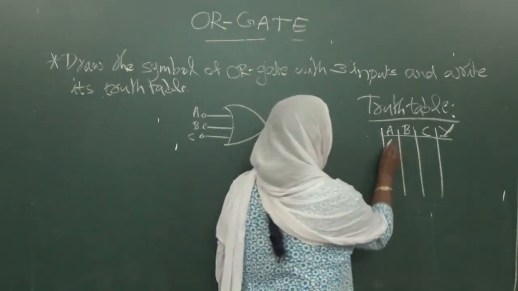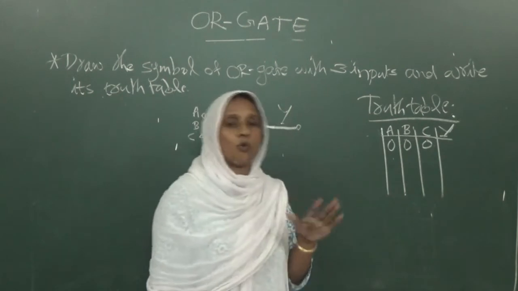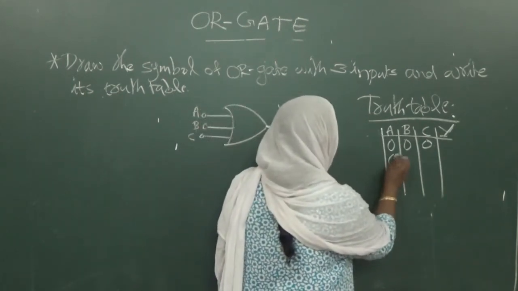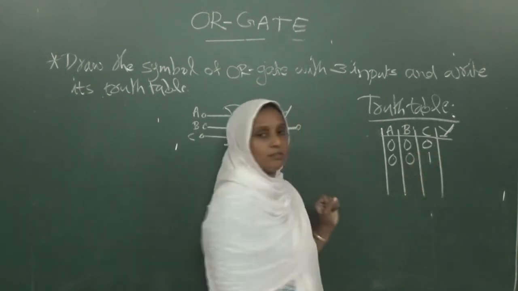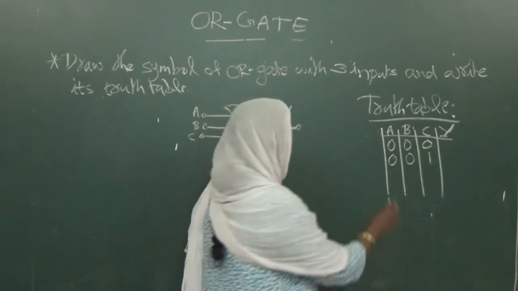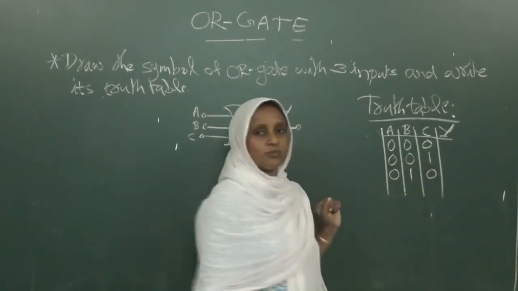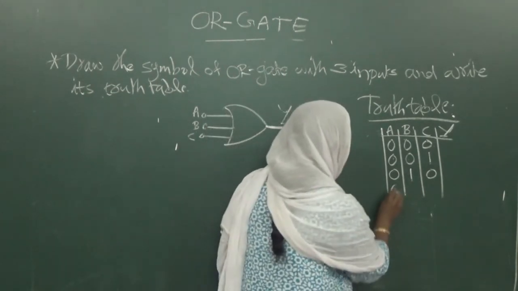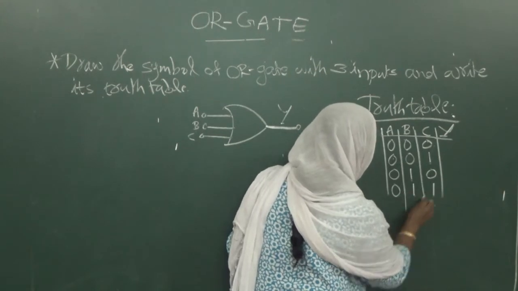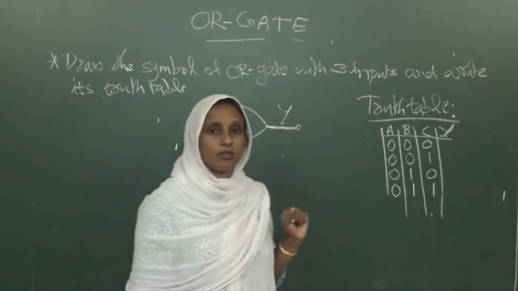We can write here 0, 0, 0 because all inputs are low. Then 0, 0, 1. First 2 inputs low, last one is high. Then comes 0, 1, 0. Okay. Then comes 0, 1, 1. Okay.